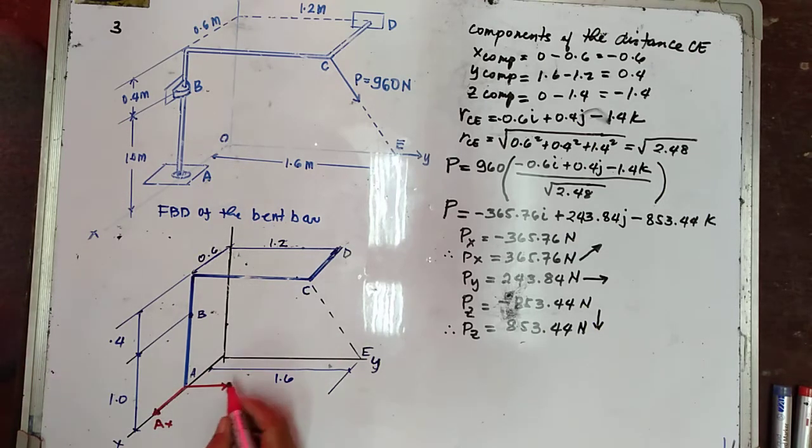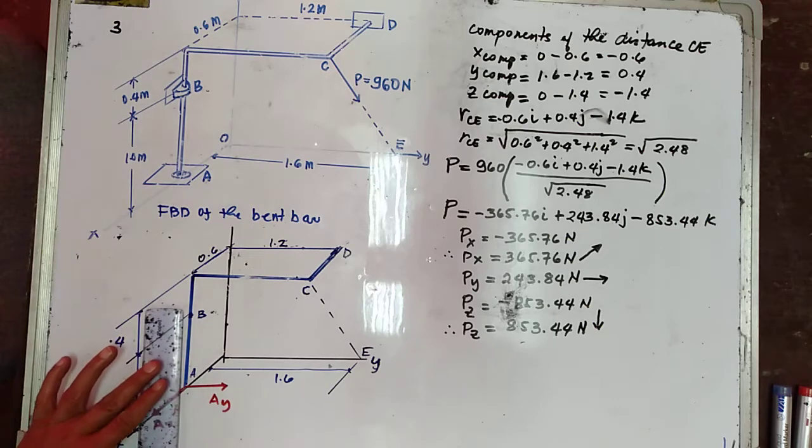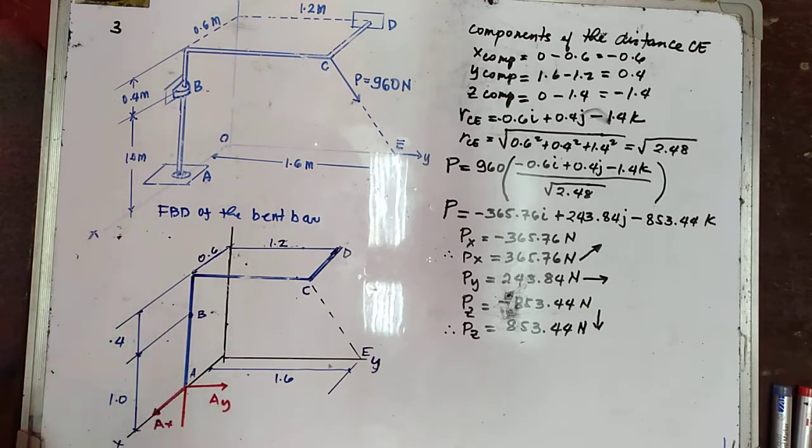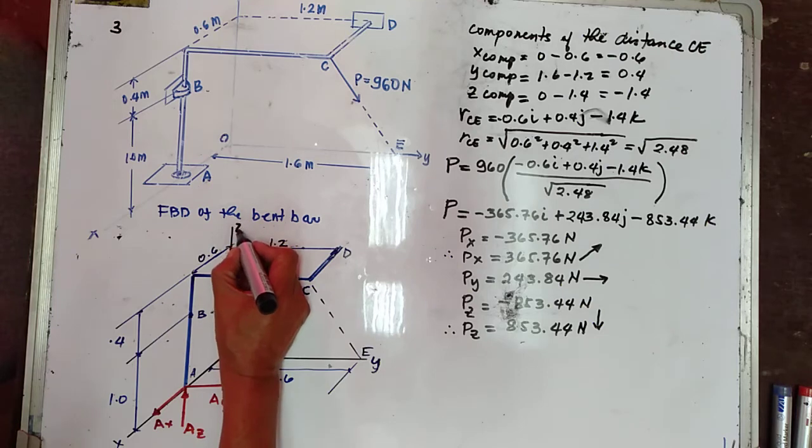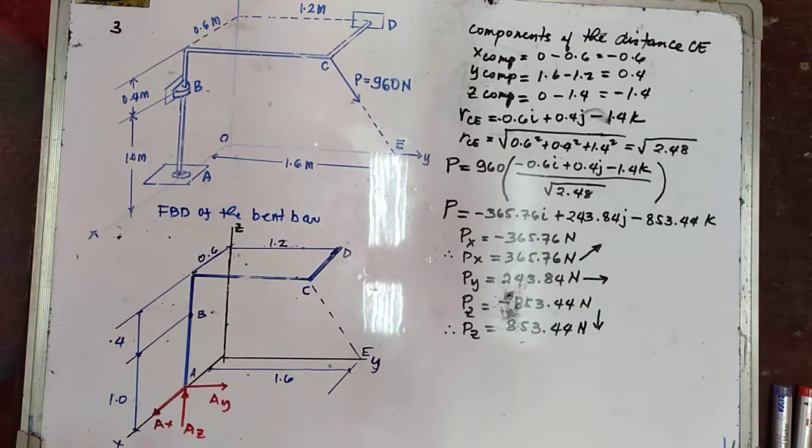This is now your Ay, and we now have your Az. This is your A in the z direction. So this is the x-axis again, this is the y-axis, and this one is the z-axis. So this is the origin of the x, y, z axes.